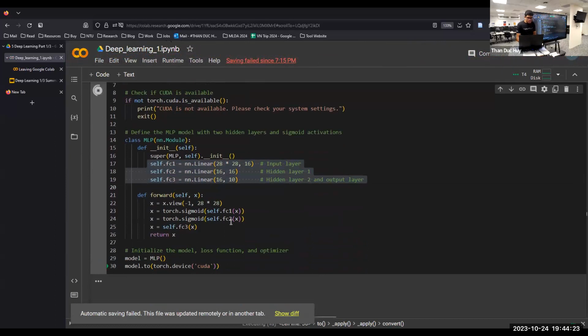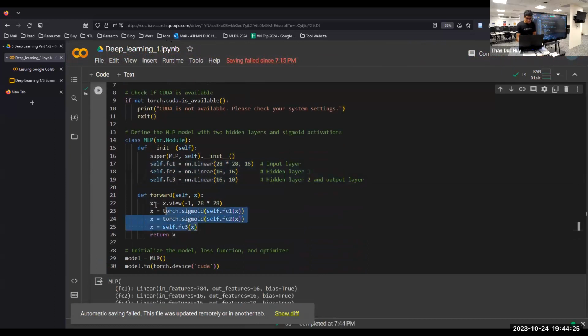Okay, now let's look at this part. This part shows you what happens to the input. Okay, first, X is your input, right? You basically change this input so that it's 1 into 784, right? And then what you do is you put it into this first layer. The first layer, all the mappings, all the weights are there, right?